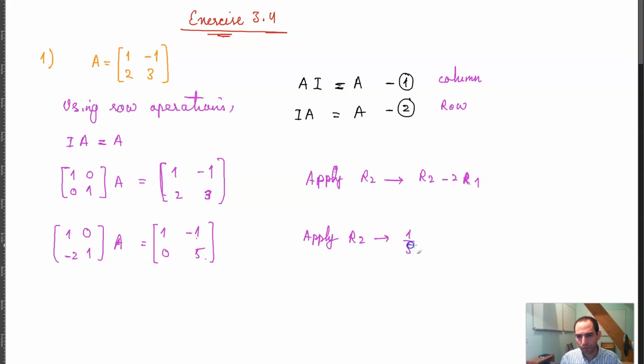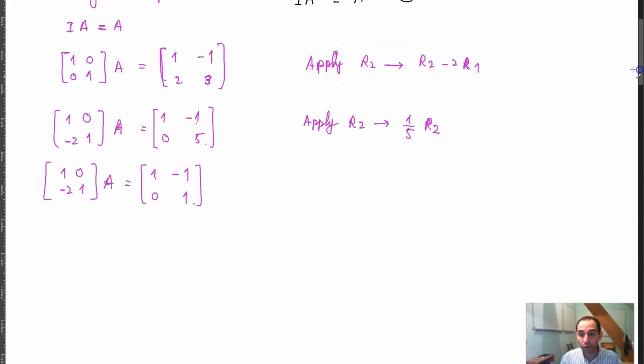So R1 remains the same, 1, 0, and R2 becomes negative 2/5, 1/5, and that is times A is equal to 1, negative 1, 0, 1. And of course, when you see the solution, everything is simple, but for whatever reason, it's not really easy to find these relationships.